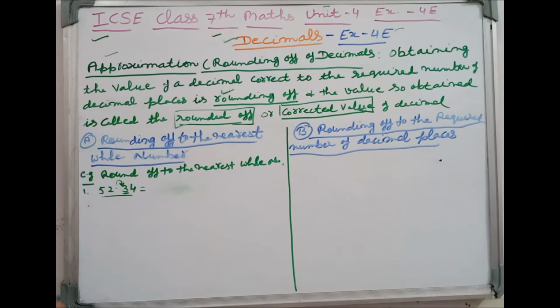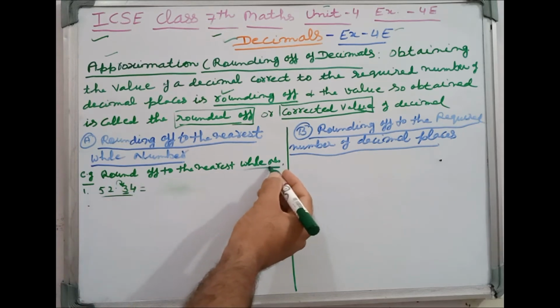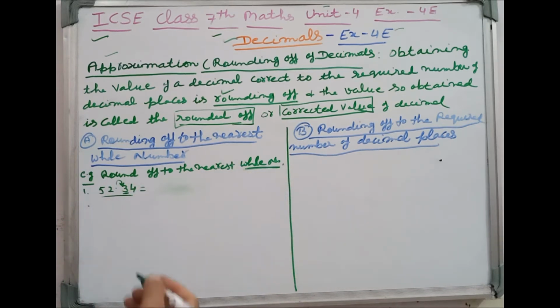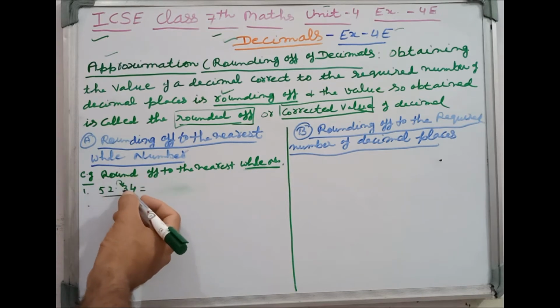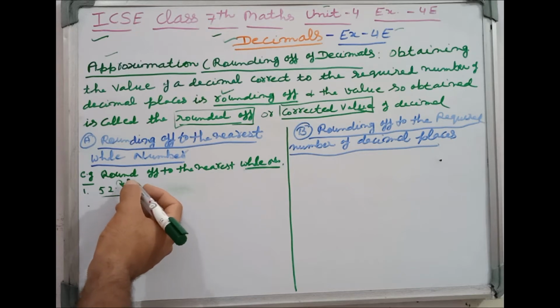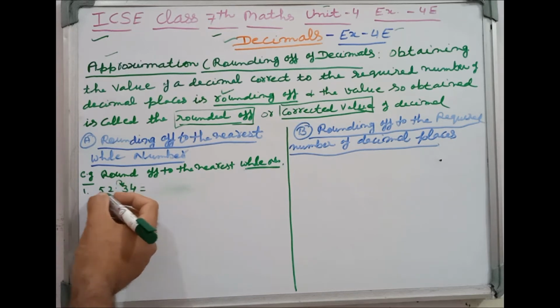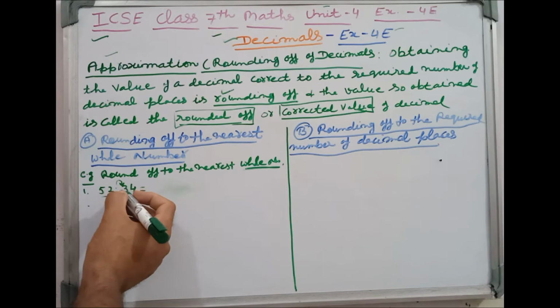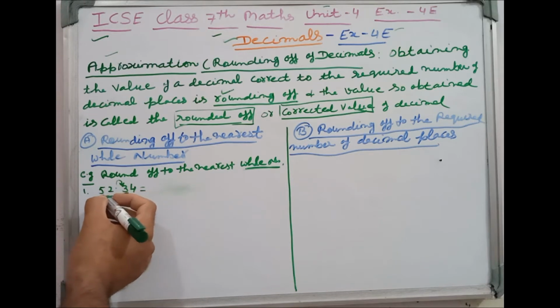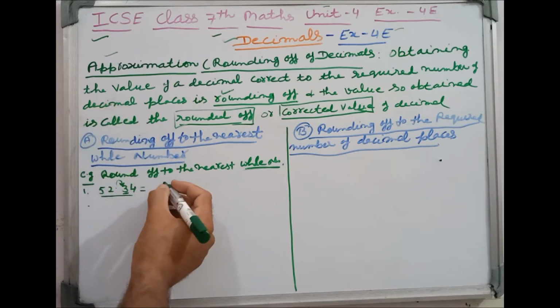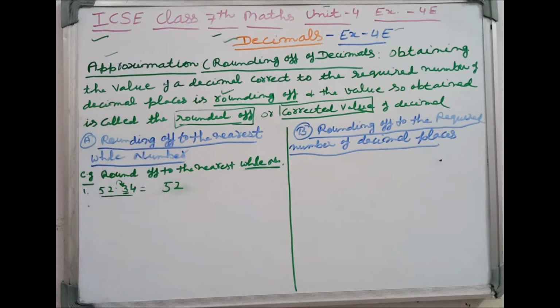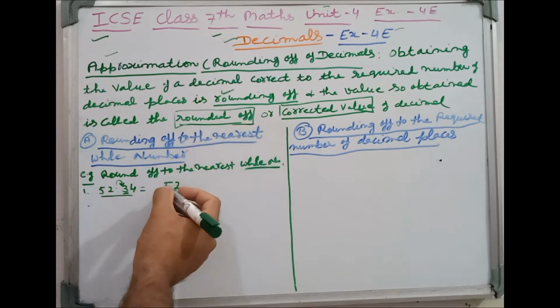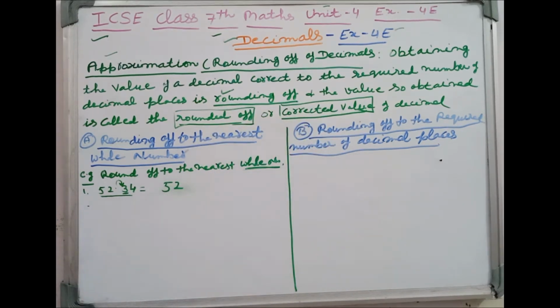It is less than 5. On rounding off the whole number, if it is less than 5, then there is no change in this, right? So our answer will be 52. This is the rounded off or corrected value of the decimal, right?